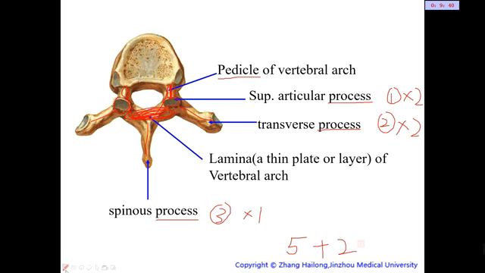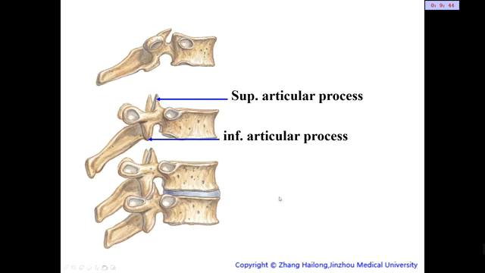Now let's see another picture. It's a lateral view. Just now, you saw the superior articular process going upwards. Now you see here is the inferior articular process going downwards.